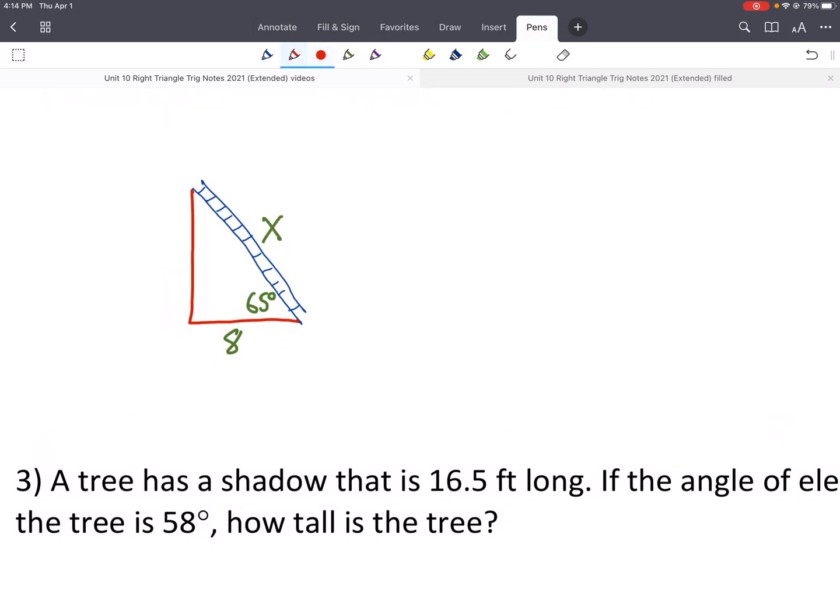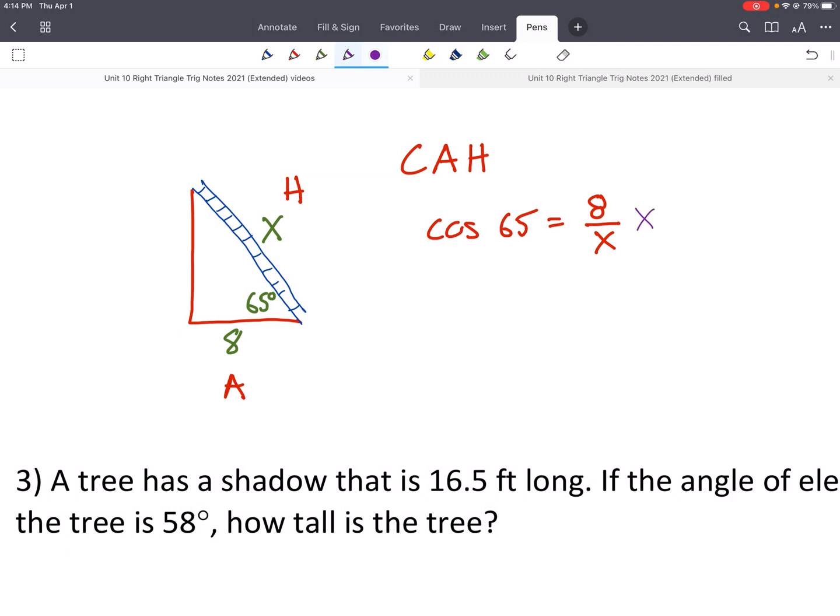Again, we need to label our sides. So this is our adjacent side and our hypotenuse. So that means we're going to use cosine. That's our SOHCAHTOA. So cosine of 65 is equal to adjacent over hypotenuse. Okay? All right, and this is going to take us 2 steps because x is in the denominator.